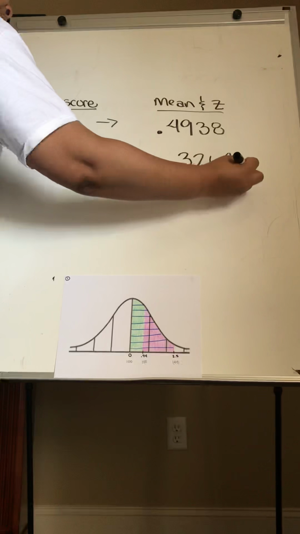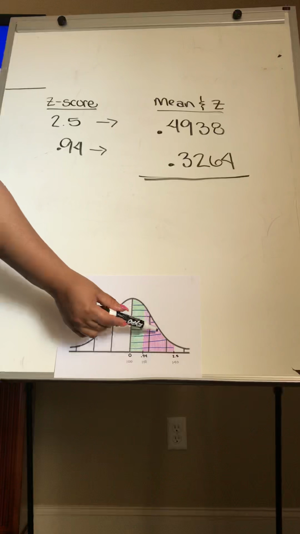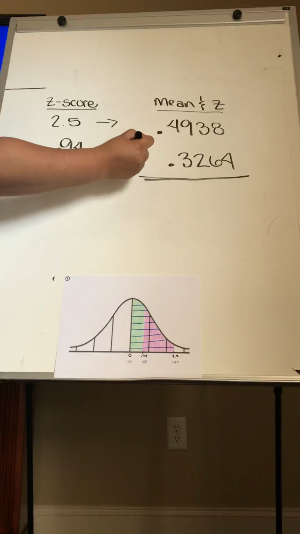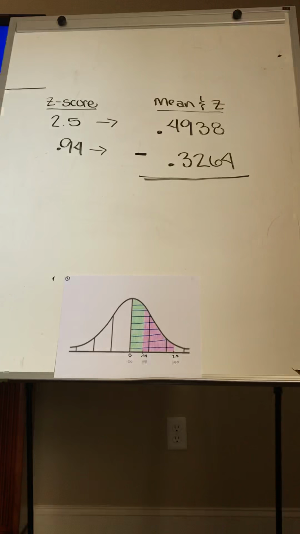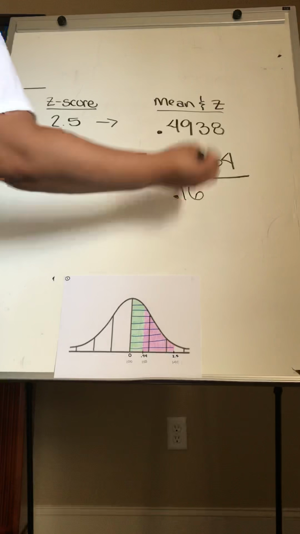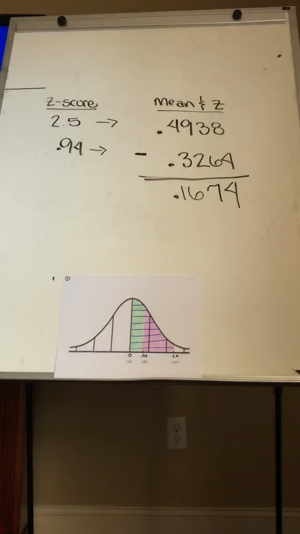So I'm going to take the measurement that includes the green and the purple and subtract off the green, and I will be left with what I need in purple. And that would give us 0.1674. So the purple measurement is 0.1674.